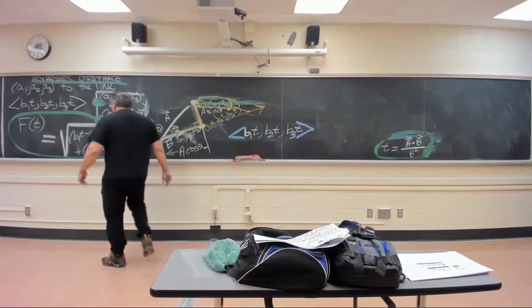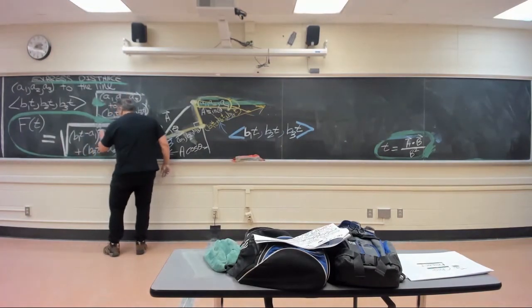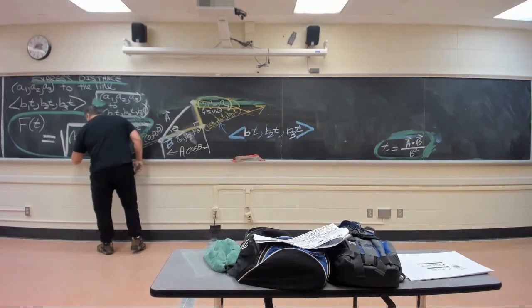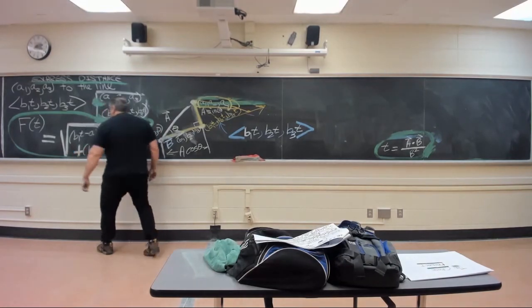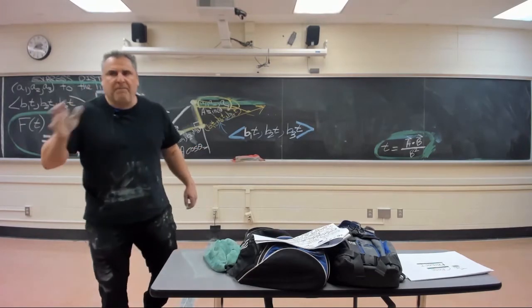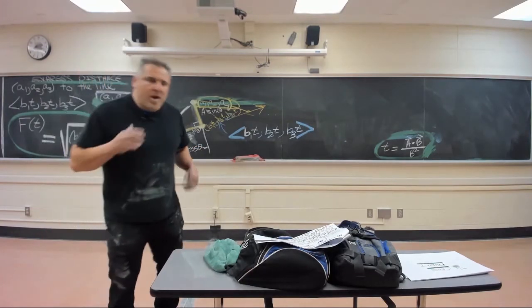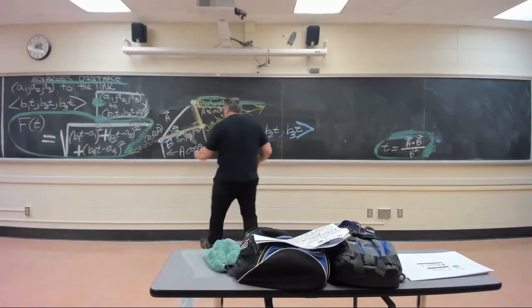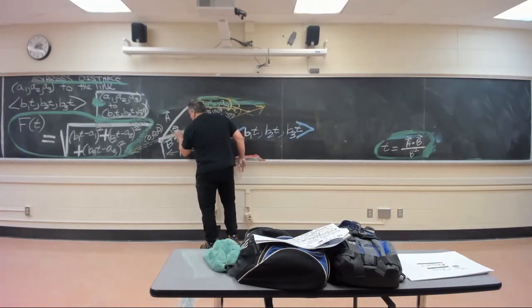Look, guys, you don't need to get too crazy when you're doing this. You can if you wish. You don't have to. I want the minimum value of capital F of t. We know the way that I have drawn this is a non-trivial scenario. This right here is b vector.